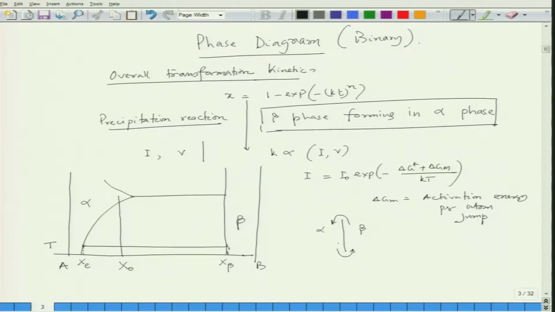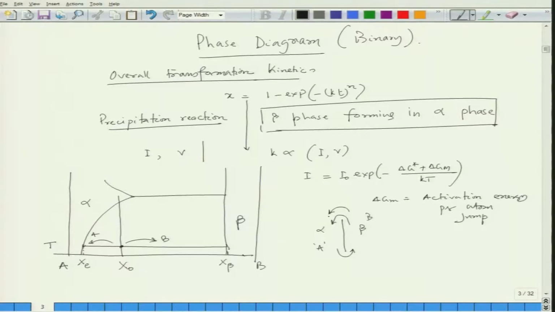So, now this is the situation we have. Then we can have A atom going to B side or B atom going to A side depending on where we are. For example, if I quench it to this point, then A atom would try to go preferably to this point and B atom would try to go preferably to this point. So, this is B and this is A atom. Two phases would form, one side would be A rich, one side would be B rich.